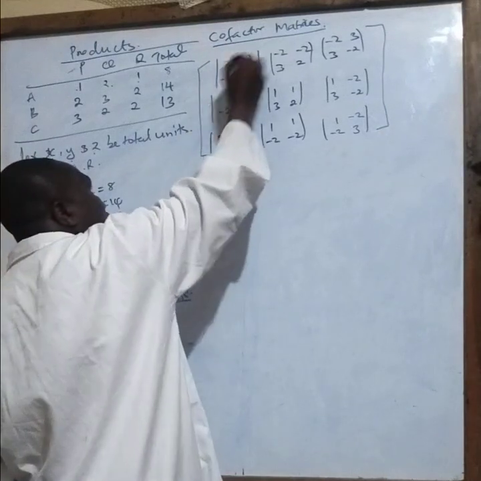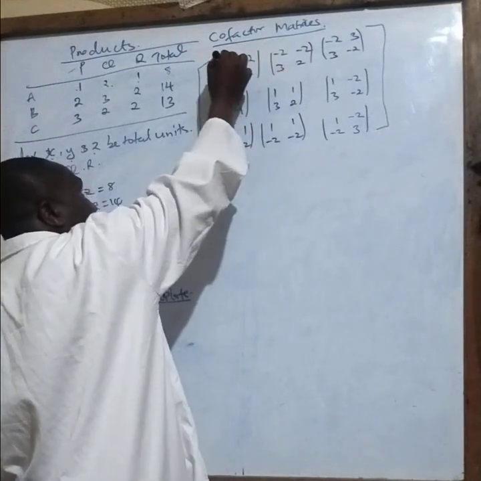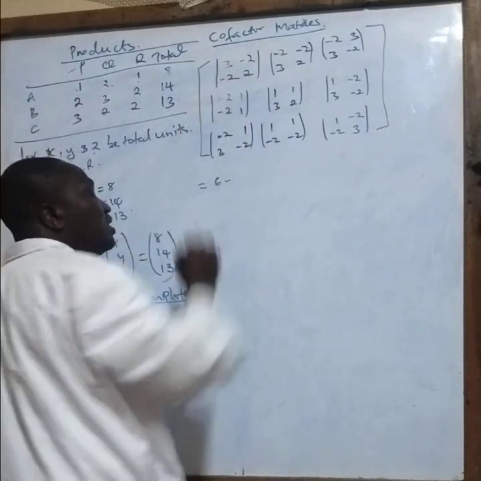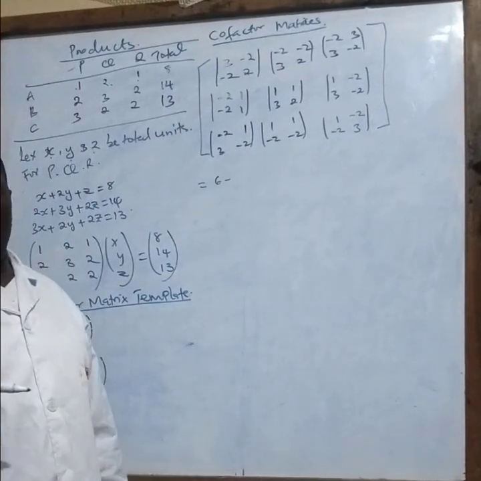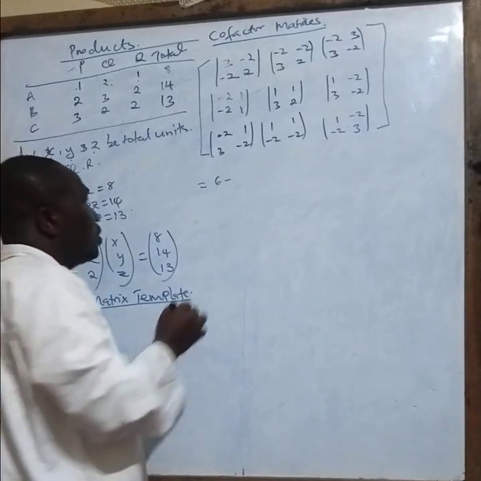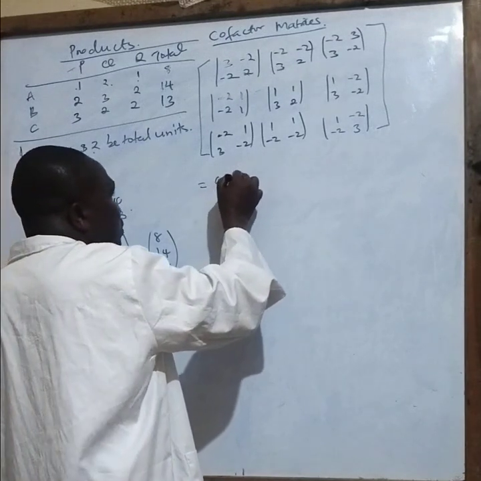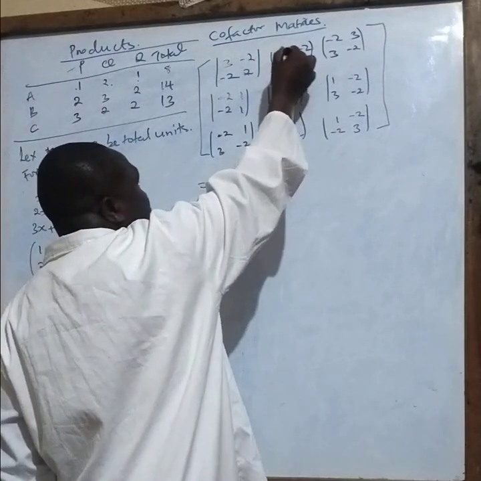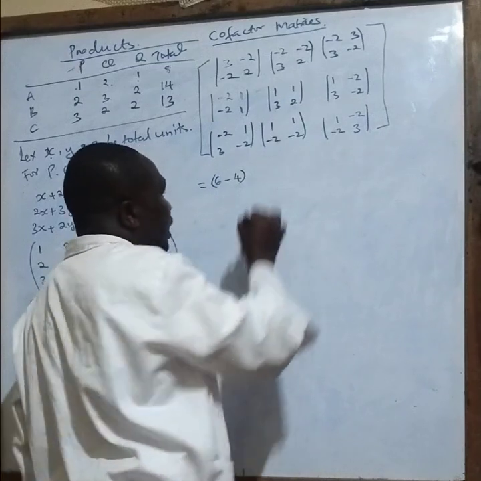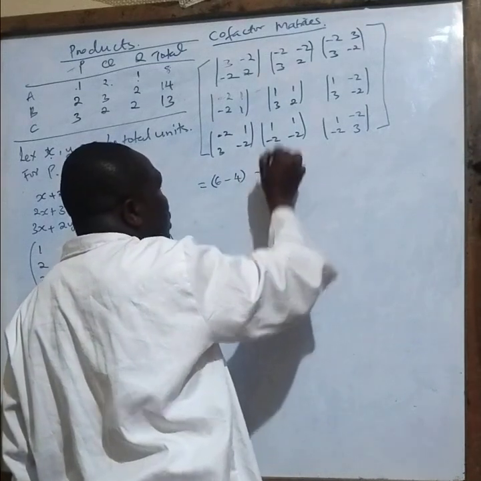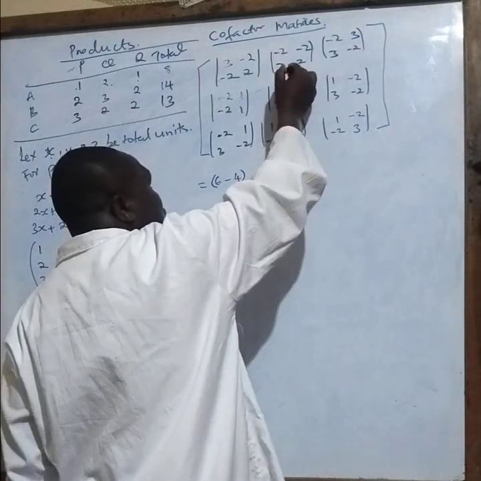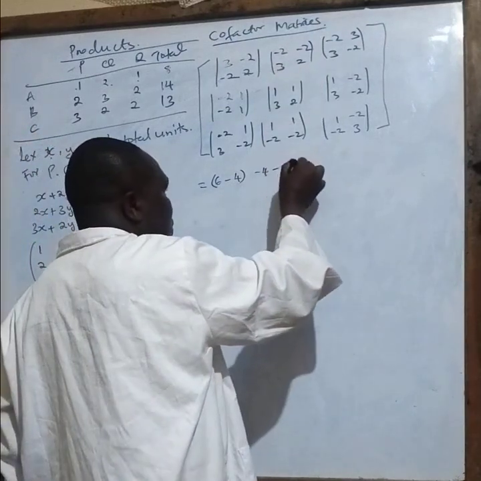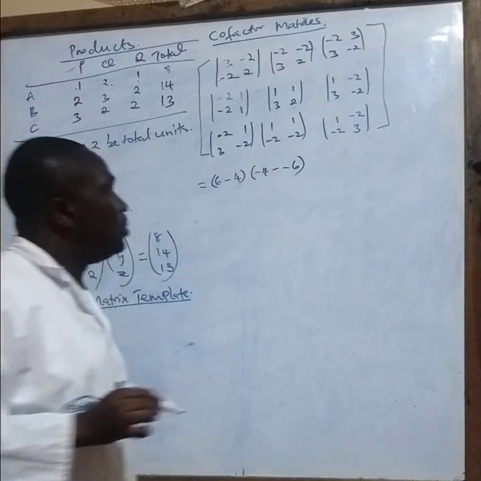Therefore, main is 3 times 2, 6, minus 2 times minus 2 is positive. Correct? So you say positive 4. Second, negative 2 times 2, negative 4. Then minus 3 times negative 2 is negative 6. You see what I'm doing?